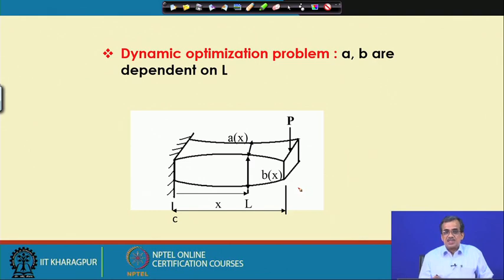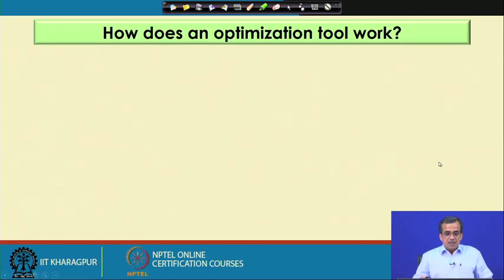That means your cross section is not kept fixed along the length, and this type of optimization problem is known as the dynamic optimization problem. Here some of the design variables are dependent on some other design variables, and this type of optimization problem is known as the dynamic optimization problem. Now, this is how to classify the optimization problems.